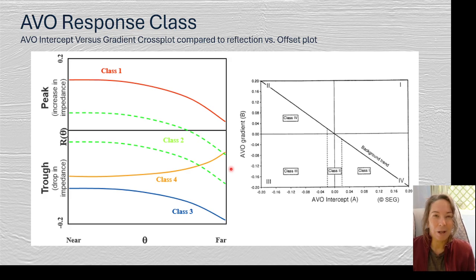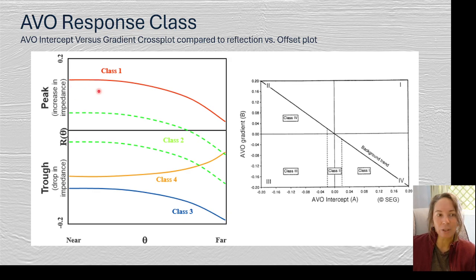We also didn't talk about AVO in terms of classes, and you've probably heard this a lot too. So the AVO classes, and I'll keep going into this in later slides, are different responses that happen. Right now we tend to talk about 4 main classes.